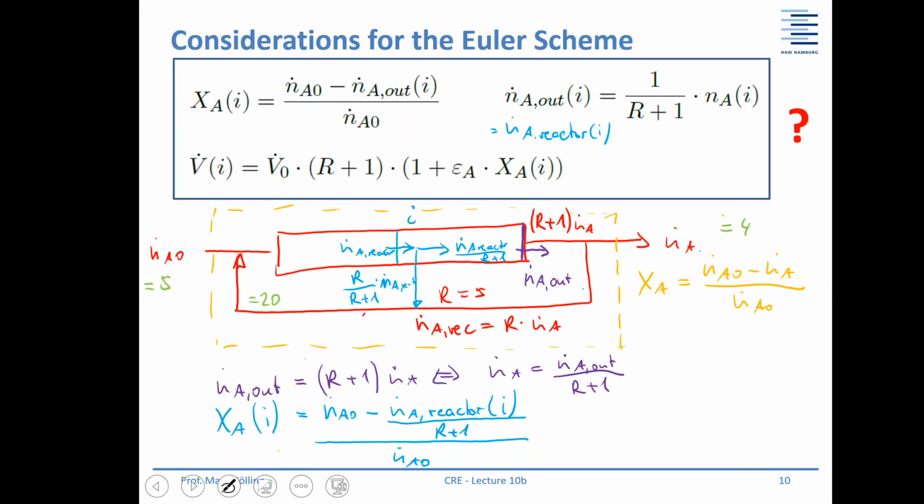For my MATLAB code, I rewrote it. So I was just writing there, it's R plus 1 times n dot A0 minus n dot A inside the reactor for every position i, over R plus 1 times n dot A0.